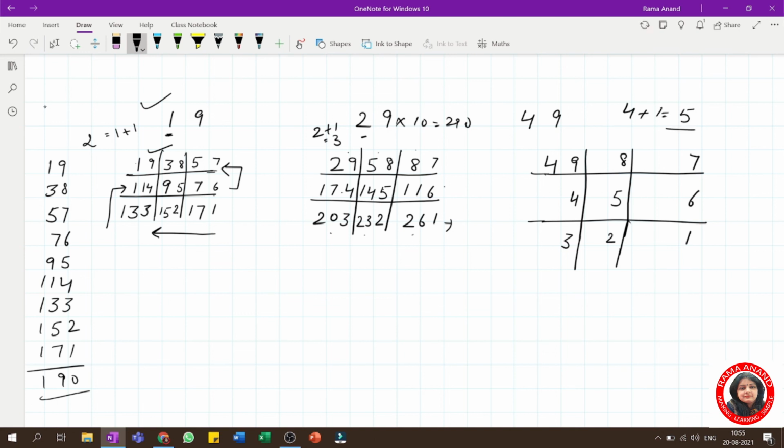So keep on adding 5 to the tens place. 4 plus 5, 9. 9 plus 5, 14. 14 plus 5, 19. Then it is 24. Then it is 29, 34, 39, and then 44. And last will be my 490. So in this way you can generate a table of a number ending with 9.